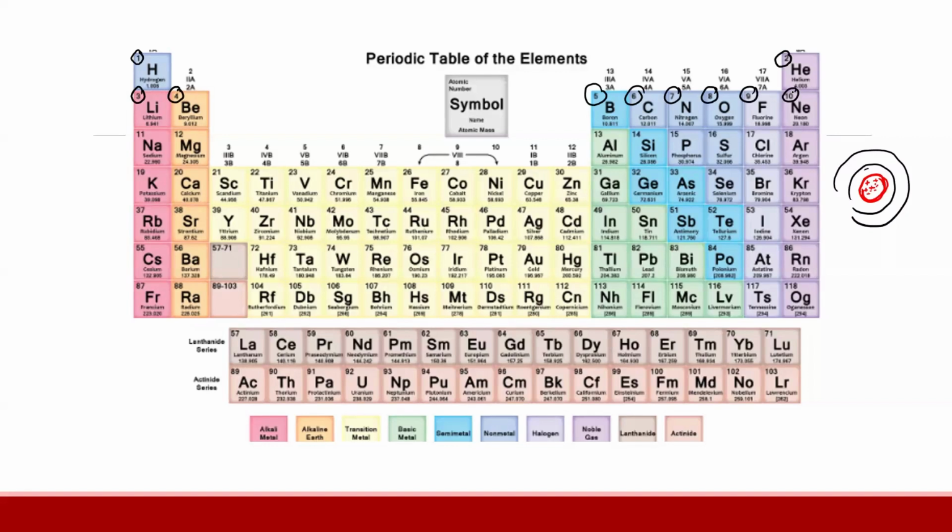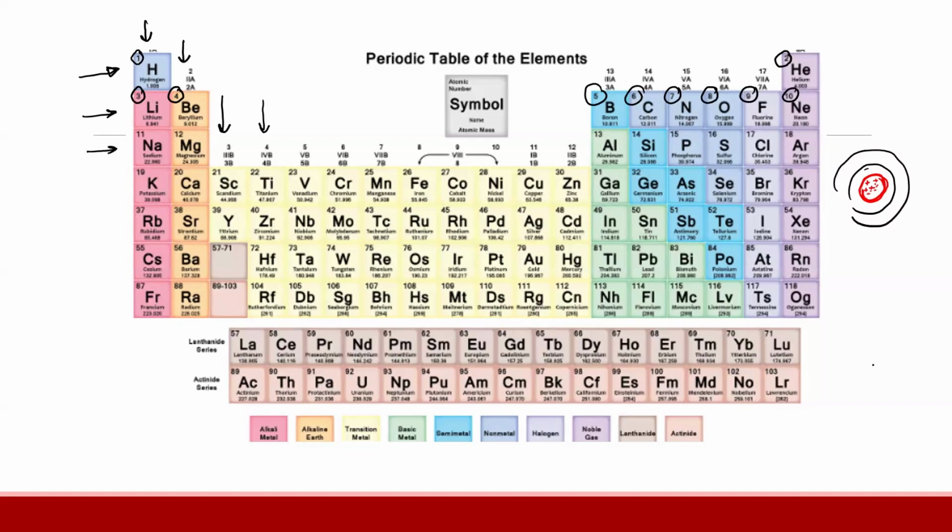Yes. And we have rows and columns. If you look at the columns, before that I will tell you about the rows. Rows show you how many energy levels are there, how many shells are there.